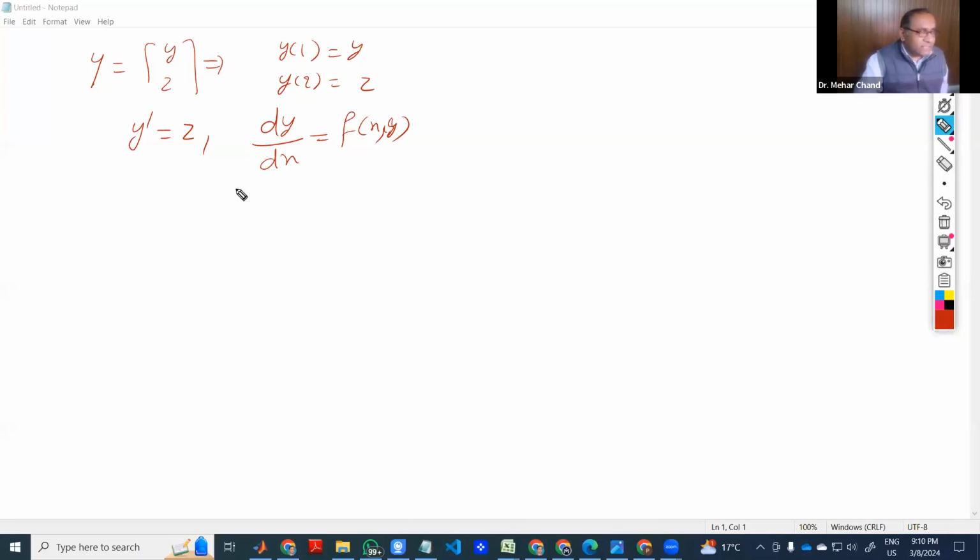Initially, we have to assume the value of alpha, and we need to choose two values. So here we let alpha 1 be equal to 1 by 2, and alpha 2 be equal to minus 1 by 2.